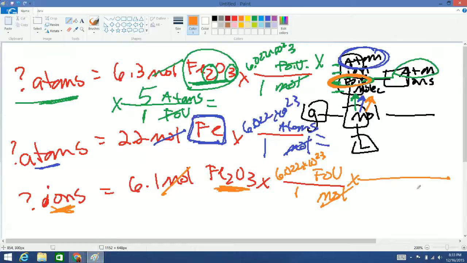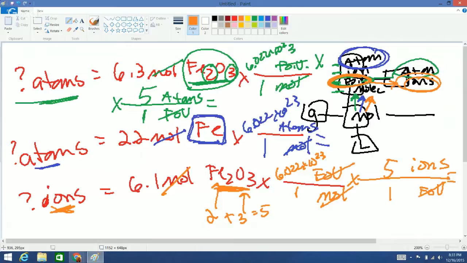And then I'm going to multiply by formula units on the bottom. That way I can get rid of them. I'm going to go across to ions. And ions here would be, I have 2 iron ions and 3 oxygen ions, which gives me a total of 5 ions to 1 formula unit, once again.